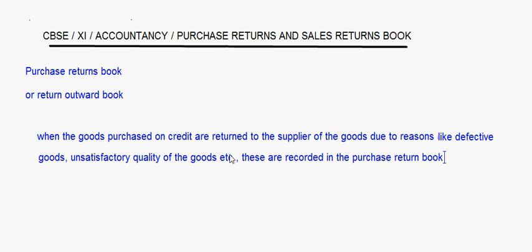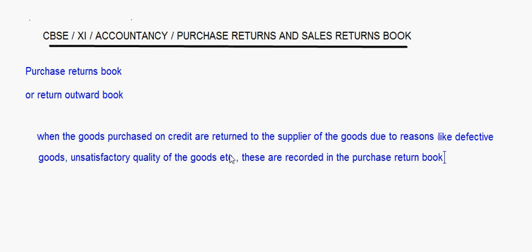Now the debit note contains the amount of the goods that are being returned, right? We call it a debit note because the party to whom the goods are being returned, their account is debited, right?